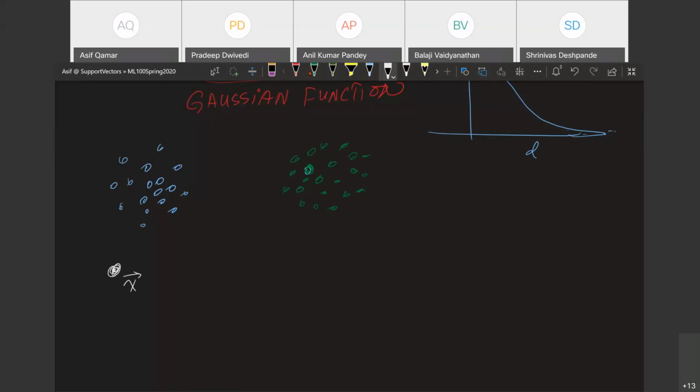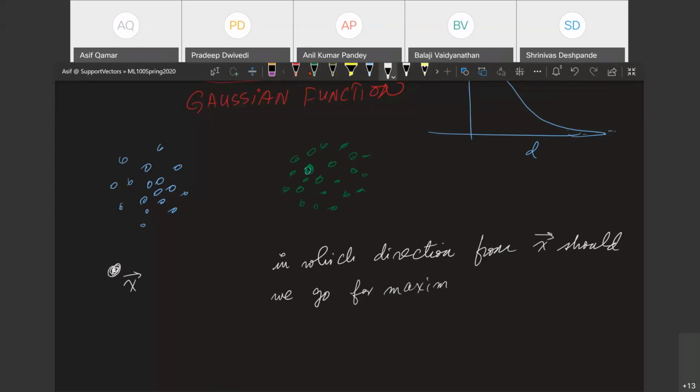But you ask an important question: in which direction from x should we go for maximum increase of the influence phi(x)?